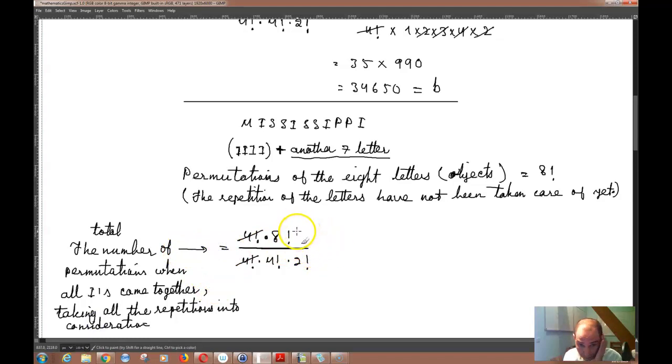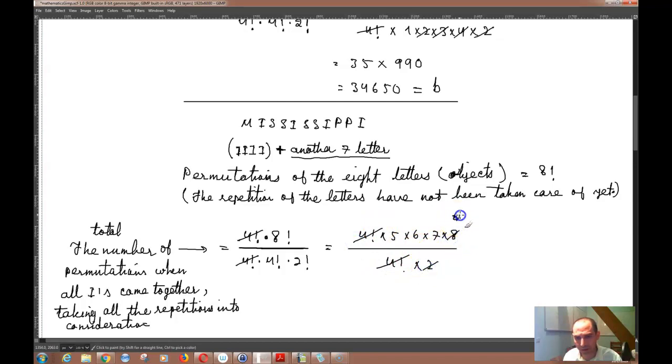So now what I can do is write this as 4 factorial times 5 times 6 times 7 times 8. And over here I have 4 factorial times 2. So 4 factorial and 4 factorial can cancel out.